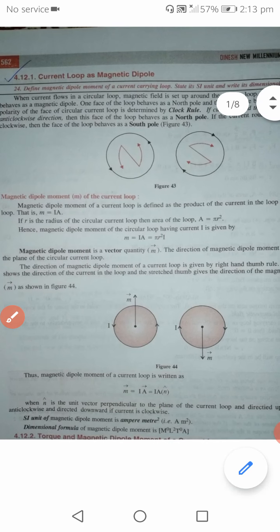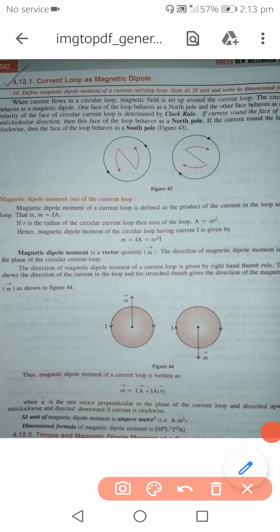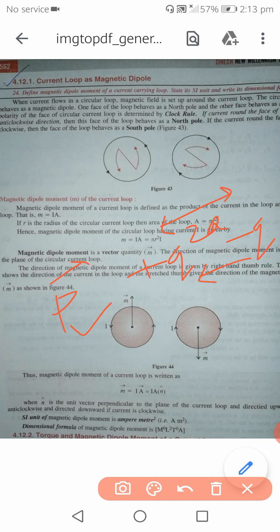Now since it is a small magnet, some dipole moment will be associated with it. If you remember in electrostatics, when we discussed dipoles, plus q charge and minus q charge separated by a small distance 2a, the dipole moment is given by p, and its direction is always from negative to positive.